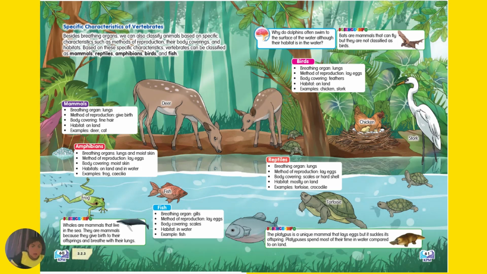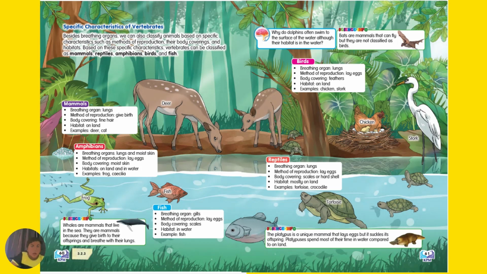Usually the breathing organs for the mammals are lungs. Selalunya organ pernafasan mammals adalah lungs, paru-paru. And the method of reproduction, of course, give birth. Cara membiak mammals mesti melahirkan anak.